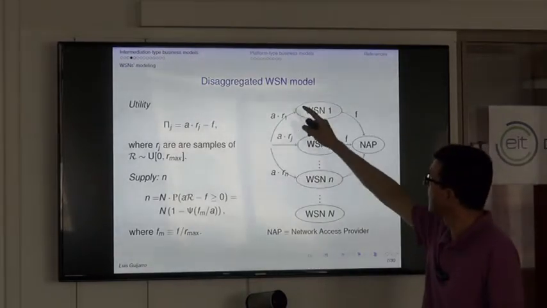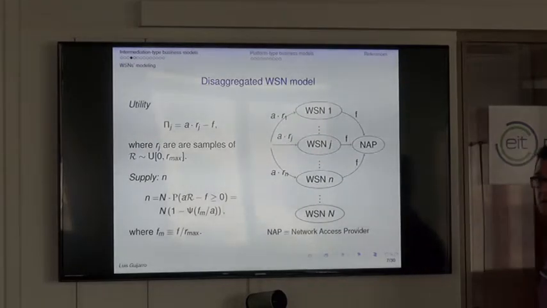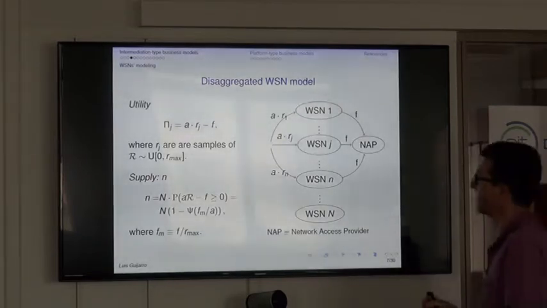Okay, this R is the sensing data rate that each network can provide.